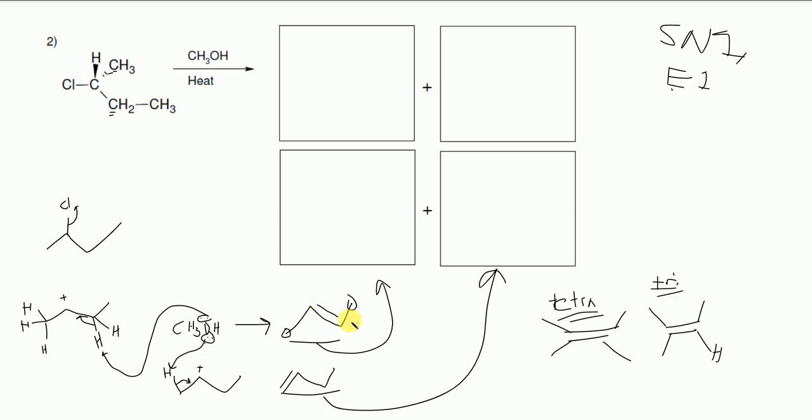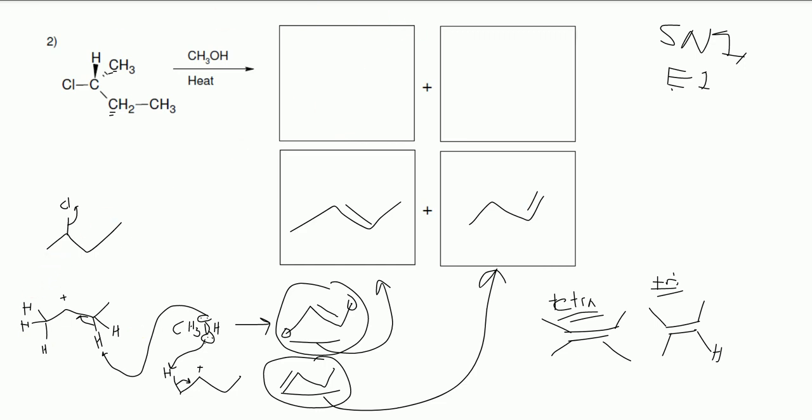So if I were to write out which one's the major or more stable one, this one would be the more stable one, and this would be the less stable. Okay. So there's that. Right, so we have these two products, and then obviously you have the SN1 products up here that we did previously. So that's essentially how it works.